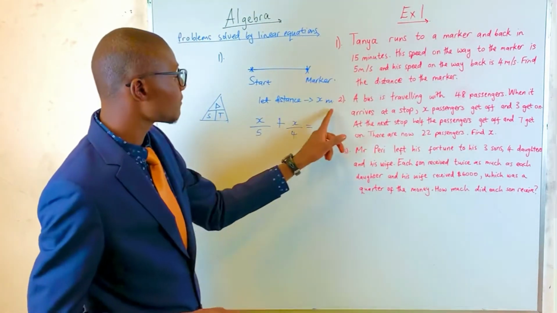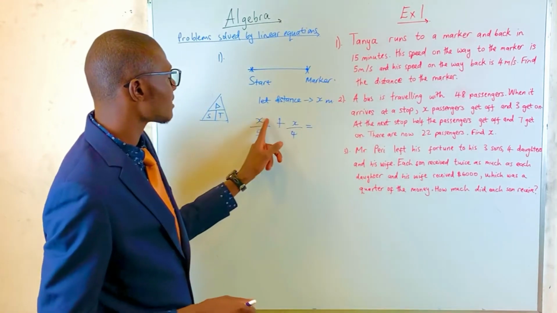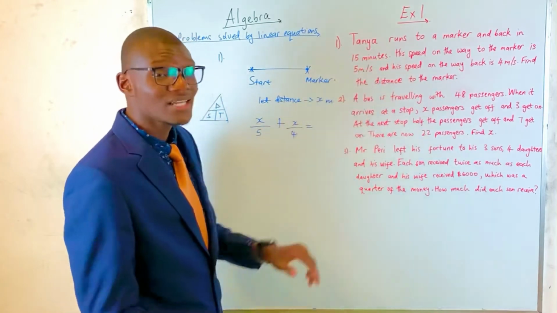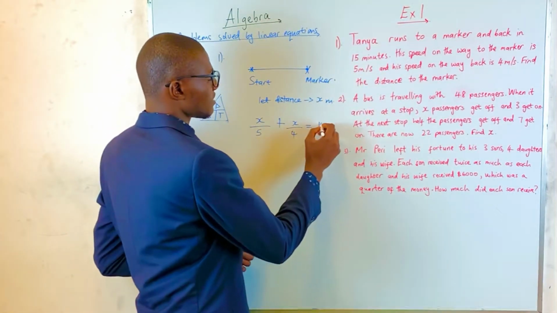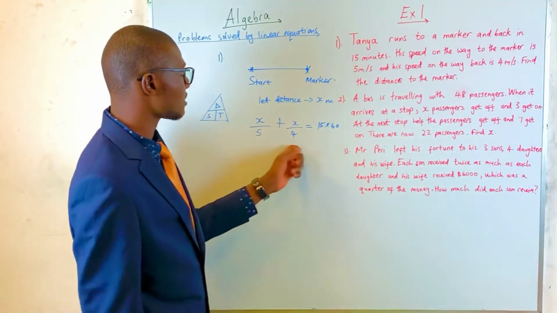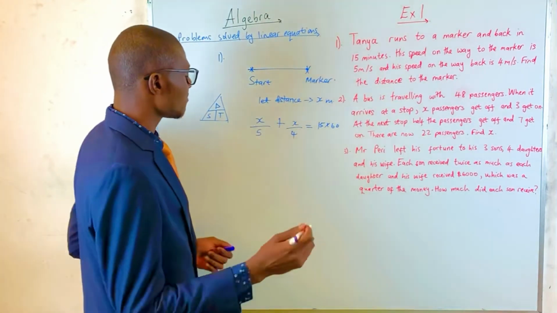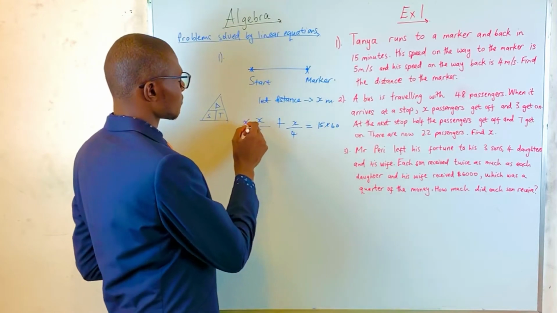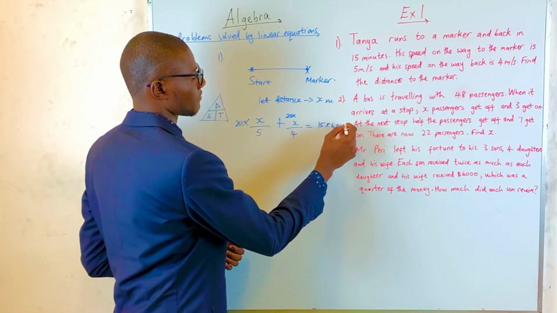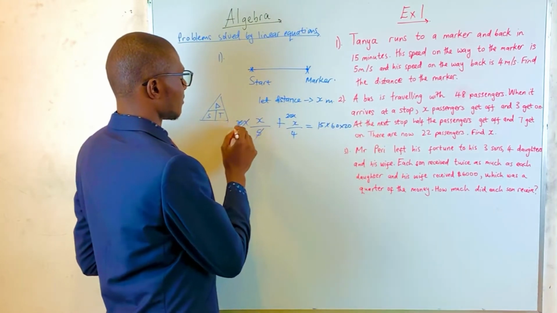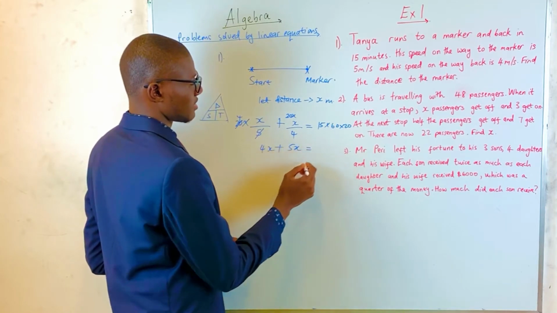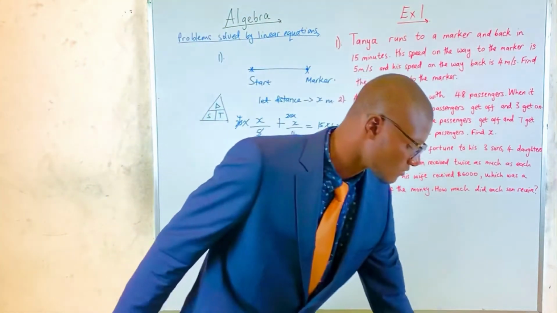As you can see, this was in meters per second, this is meters, so we need to change that time to seconds, so that will be simply 15 times 60. If we get rid of the denominators, we're multiplying by 20, giving us 4x plus 5x is equal to 15 times 60 times 20.